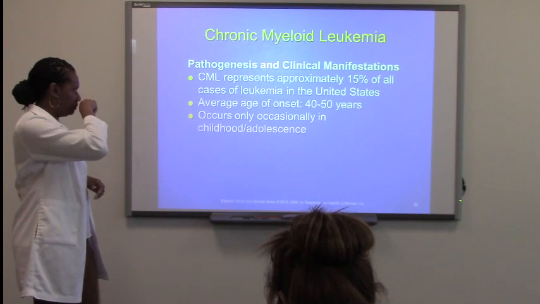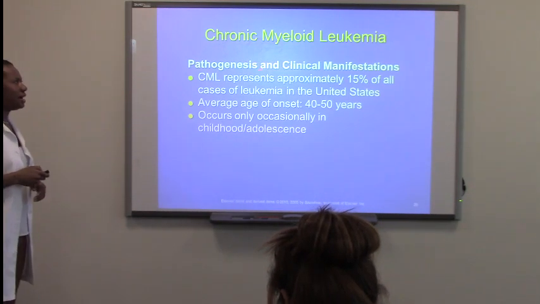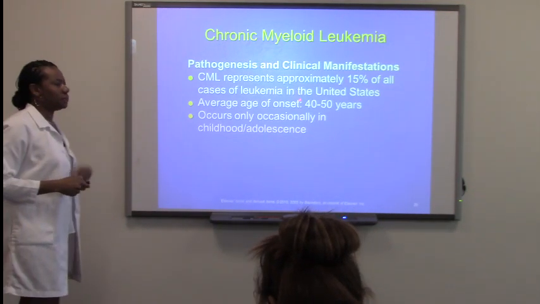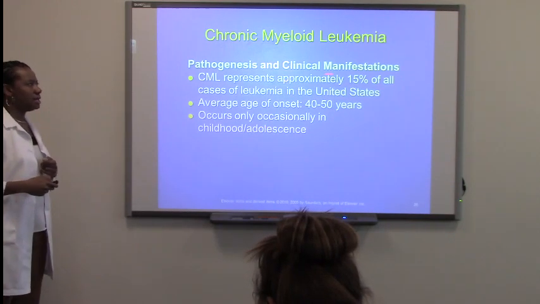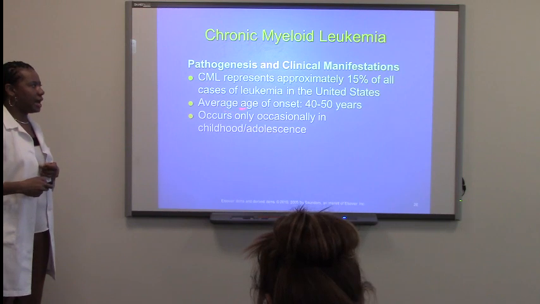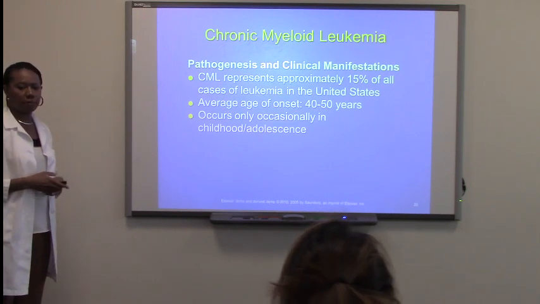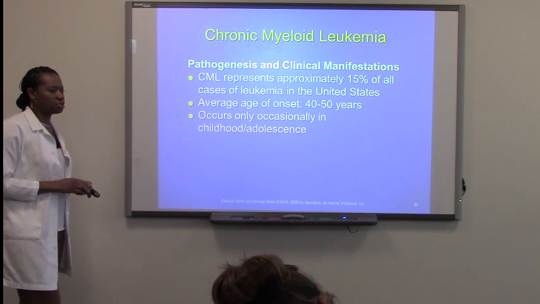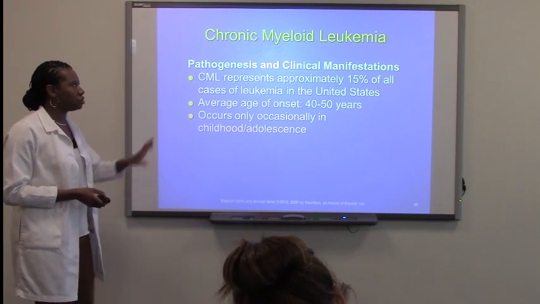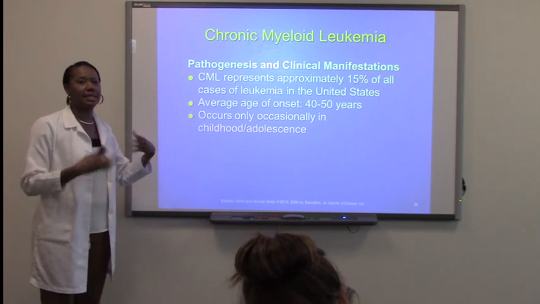Now, this slide goes over the background, almost the etiology. I wouldn't call this the pathogenesis. But the etiology, 15%, average age of onset, 40 to 50 years. Occurs occasionally in childhood and adolescence. But just to let you know, CML is usually more of an adult leukemia.